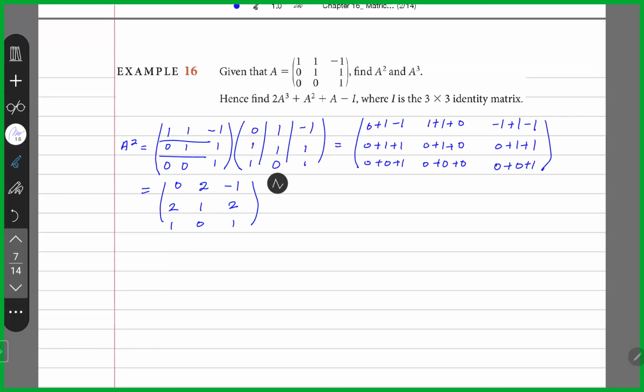Now A cube would be A squared times A. A cube is A times A squared, so A cube is A times A squared.